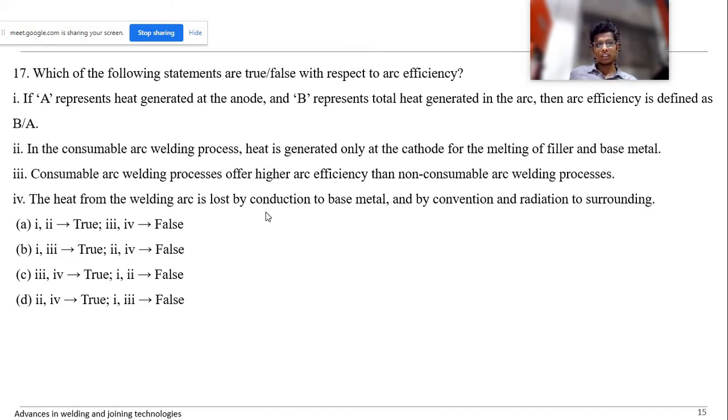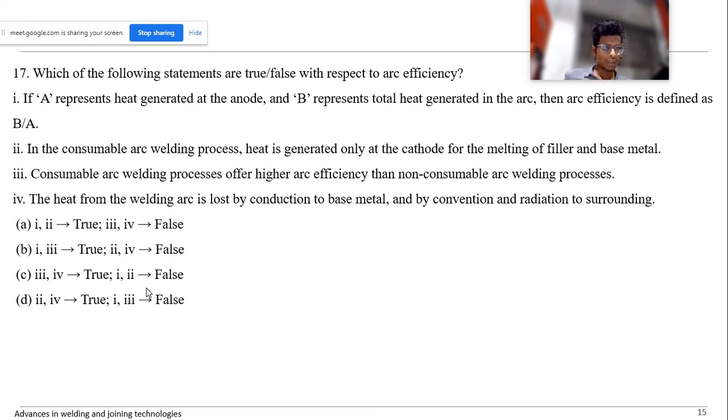This is basically a straightforward heat and mass transfer, thermodynamics question. Once any material gets heated, it used to be cooled if it is in normal ambient temperature, right? Generally, most applications will be at ambient temperature. After welding, it gets cooled because of conduction to the base plate and by convection and radiation to the surroundings. So these 3 and 4 are correct.